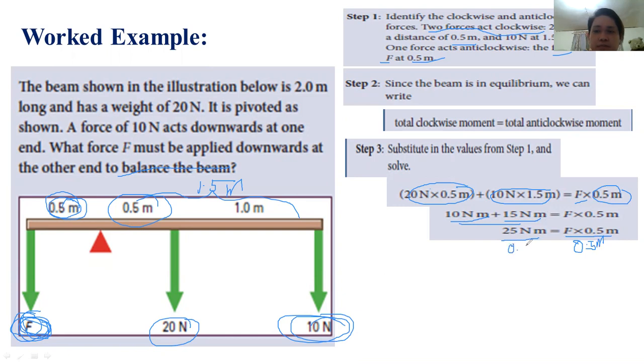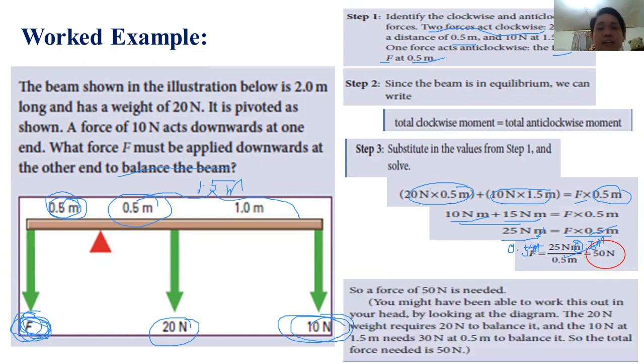We can cancel the 0.5 and also the meters, so the unit left is newton. That gives us F is equal to 25 newton meter divided by 0.5 meters, which gives us 50 newton, as you can see in the illustration.